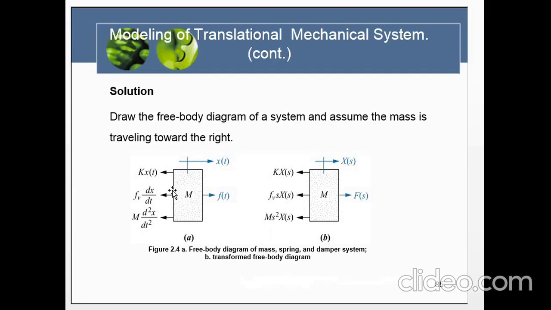This is the free body diagram of the mass, spring and damper system. f(t) is moving to the right, which is the direction of movement, and then K is the force that works on m, but the direction is to the left.